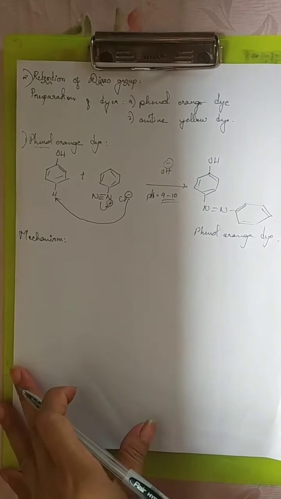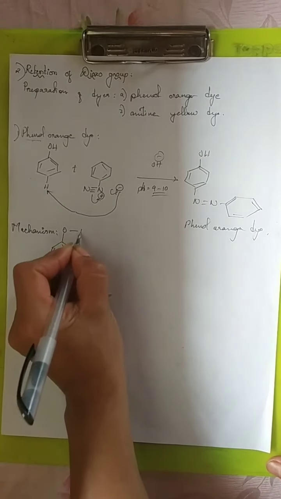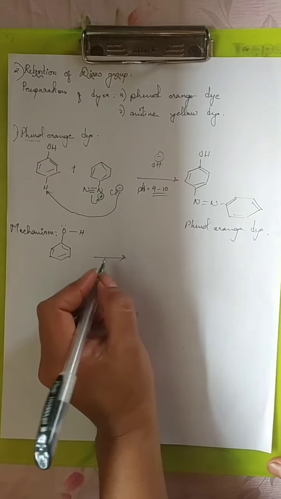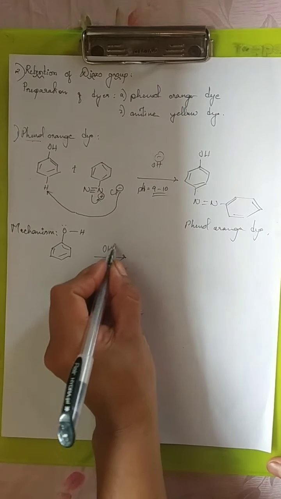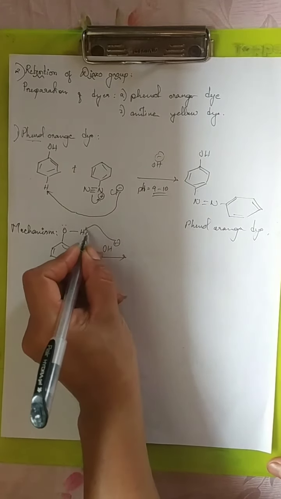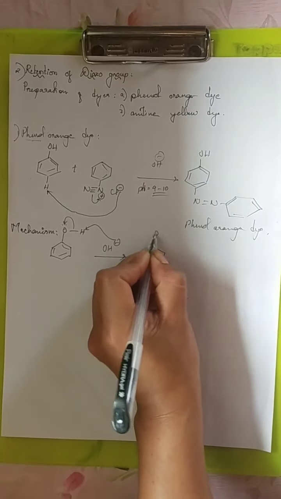Okay, so now let's check the mechanism of how this dye is prepared in this reaction. Now our phenol here, OH, this is our phenol. Now under a basic medium, the OH takes back this hydrogen, and then along with the bond it goes to the oxygen atom. Therefore we will be getting here O minus.